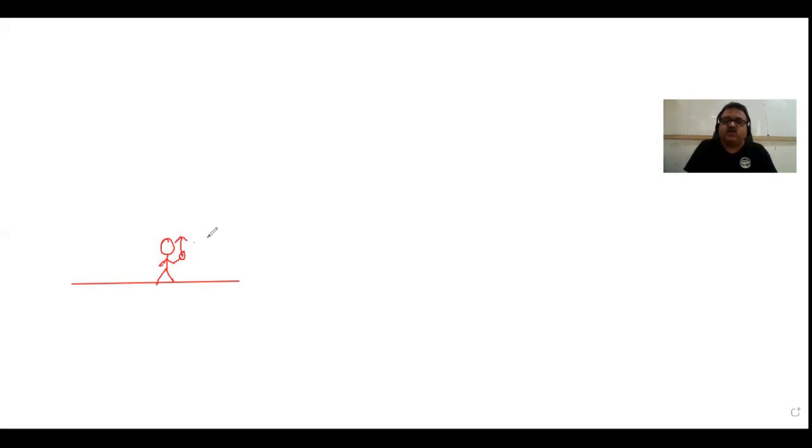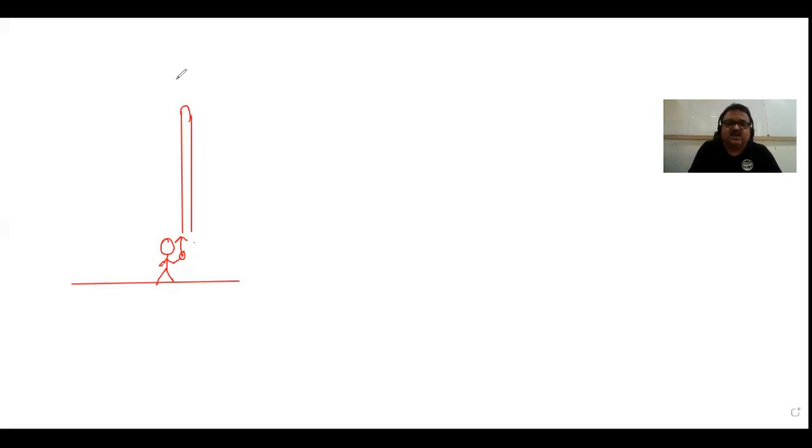This will go up, reach a peak value, and then it will come back. If we neglect the air resistance, it will actually follow the same path in backward direction. But in order to make the diagram more clear, I am drawing it like this. So this is the total thing, correct?